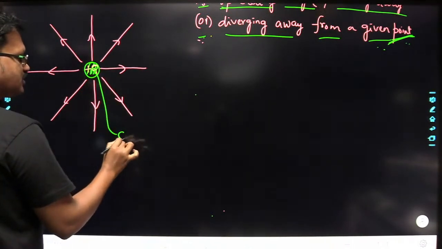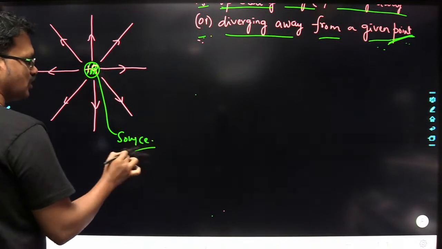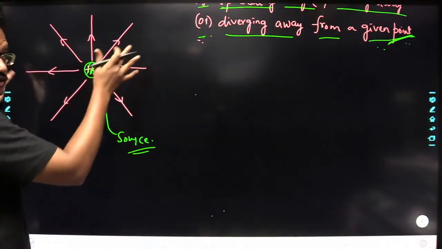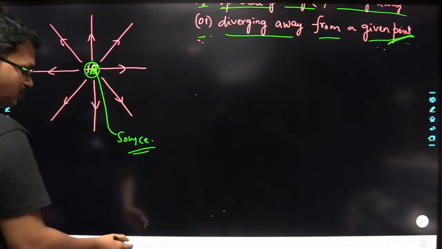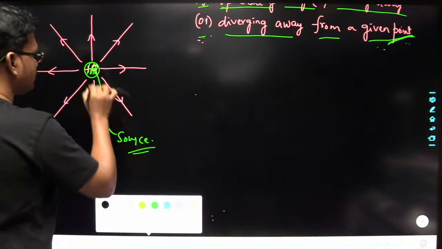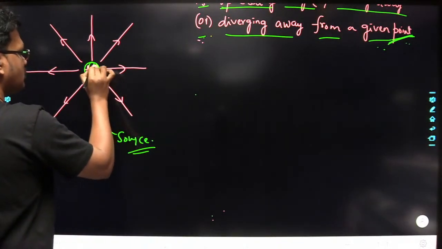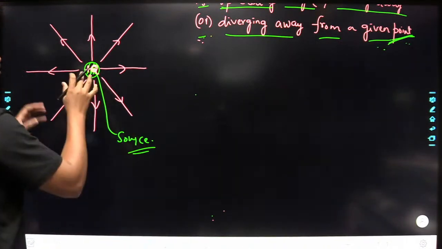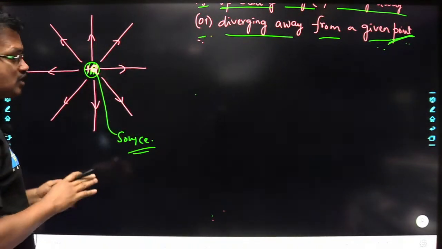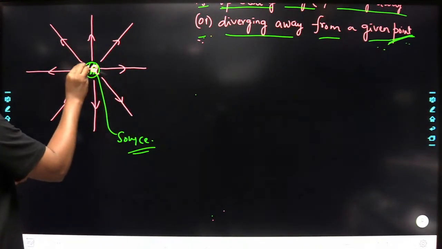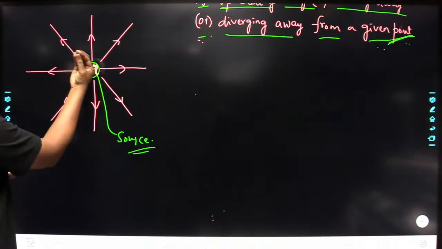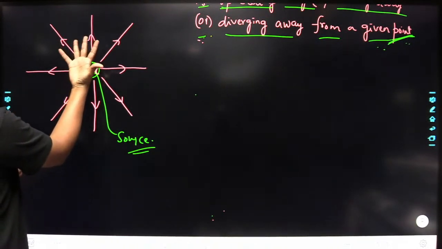Plus q, that is nothing but the source for this field. So what is happening at this location? All the field lines are moving away from the given point.